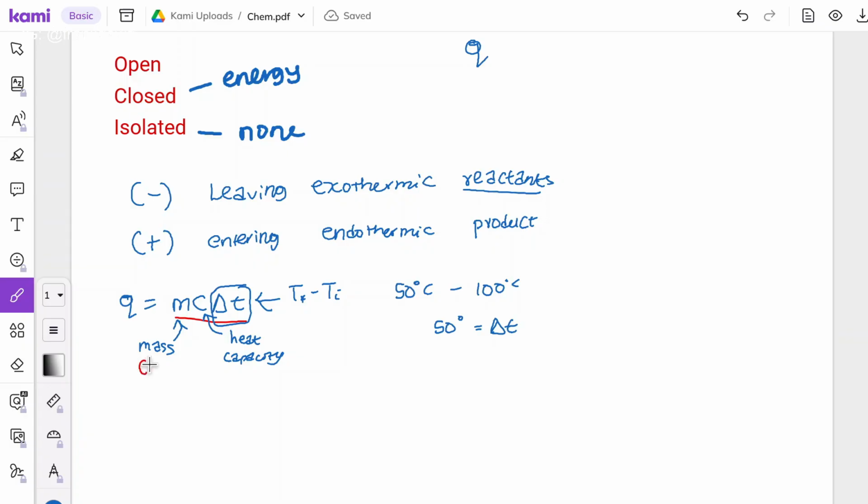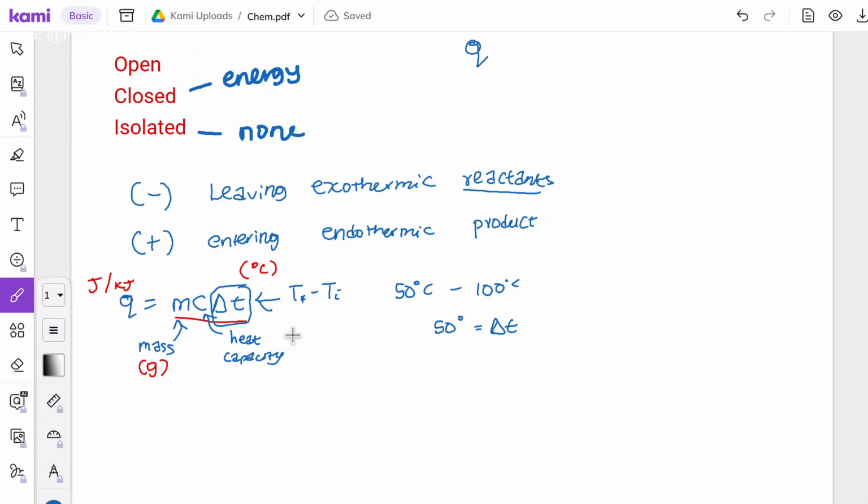The mass is always going to be in grams for this class, so whatever mass they give, let's say they give you kilograms, you're supposed to convert it to grams and then do the equation. The temperature, normally for the rest of the class, is usually in Kelvin, but for heat capacities and such, it's written in Celsius. And then q is going to be in joules or kilojoules, because that's energy and heat.